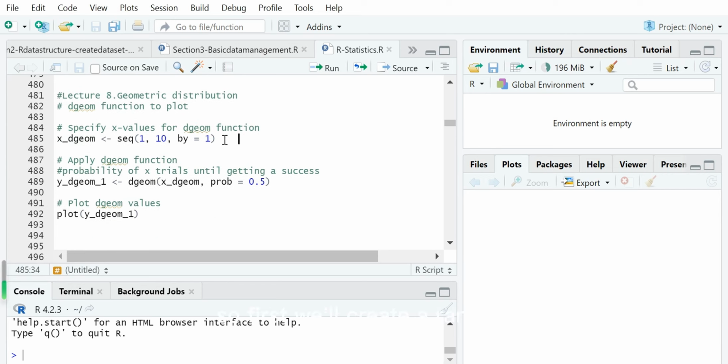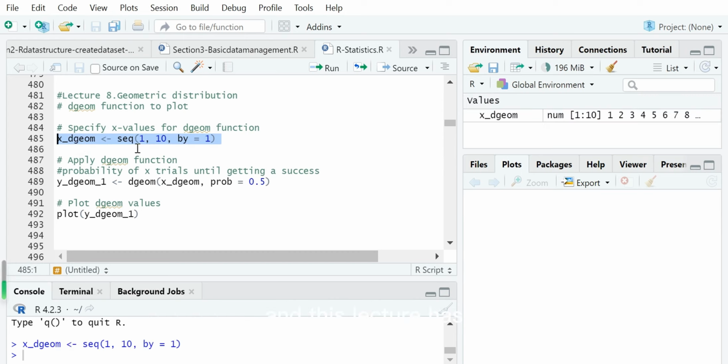First, we create a vector called xgeom. This vector has 10 values from 1 to 10 with a gap of 1. Next, you use the dgeom function to calculate the probability of this random variable xgeom, with a success rate of 0.5 in a geometric distribution.